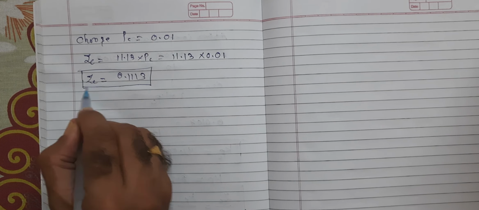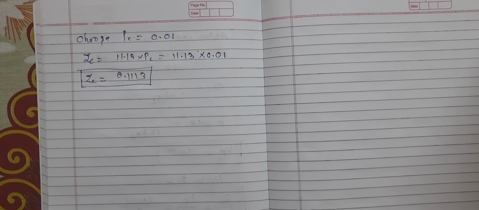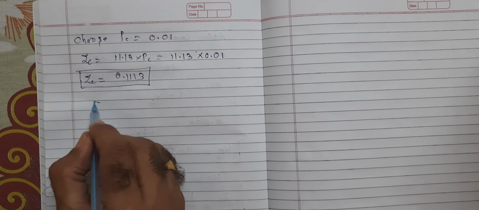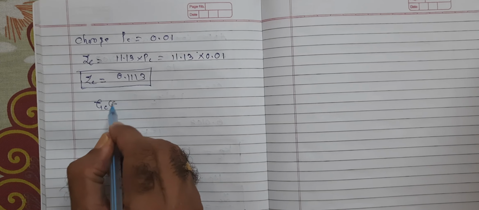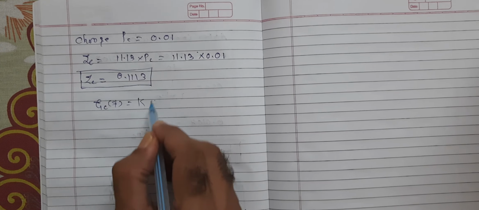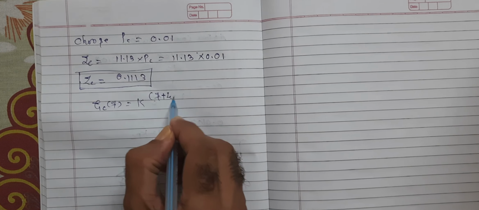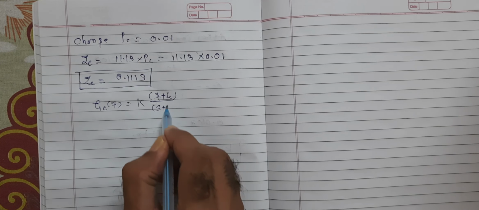Now we have the ZC and the PC. Our compensator equation, GC of S, is equal to K multiplied by (S plus ZC) divided by (S plus PC).